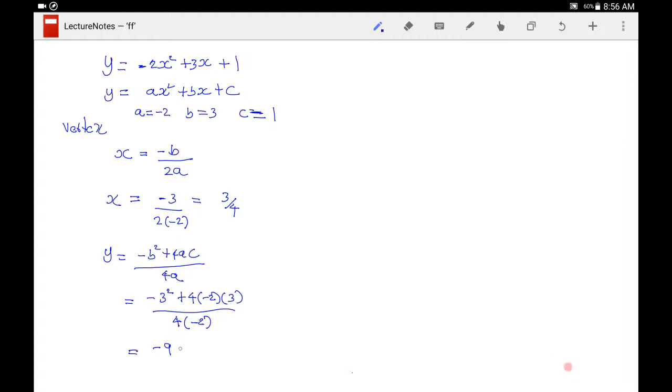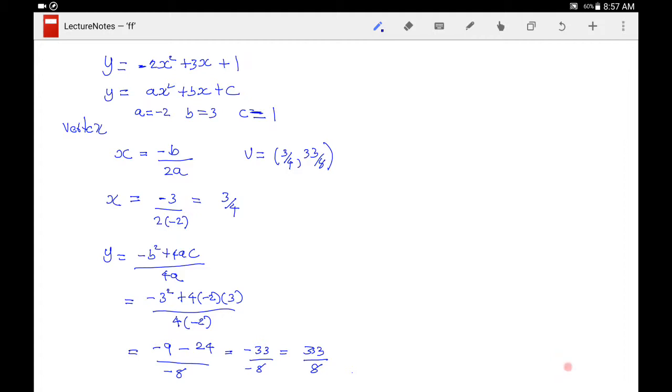Here I get negative 8, and the result is negative 33 over negative 8, which is positive 33 over 8, because these negatives cancel. So the vertex here is 3 over 4 and 33 over 8.